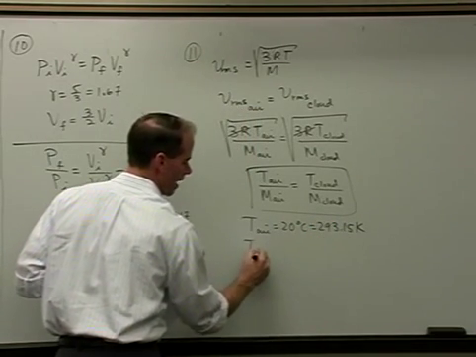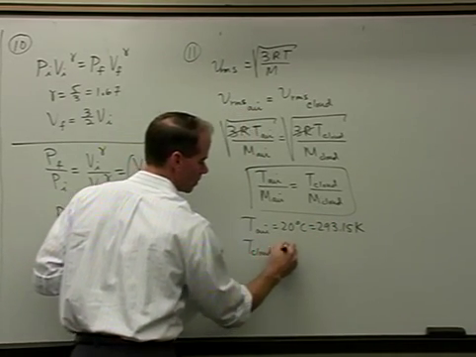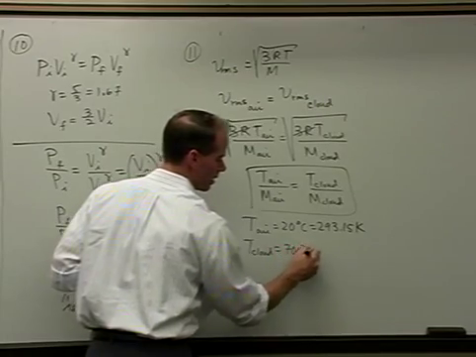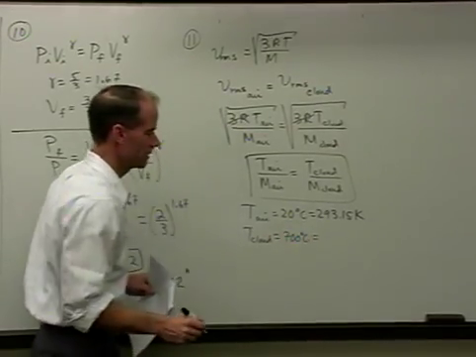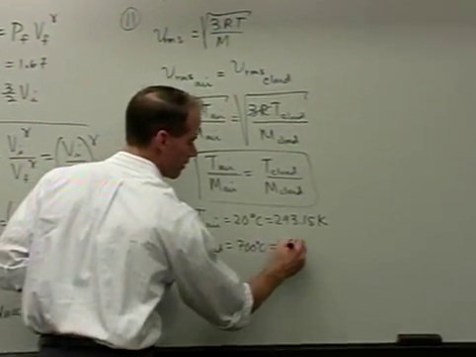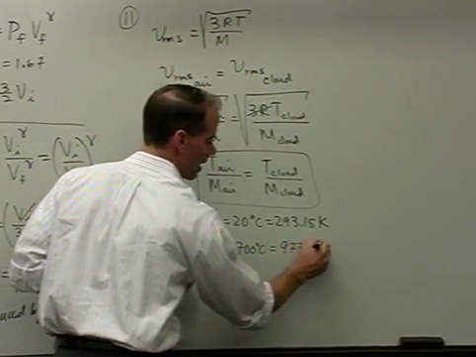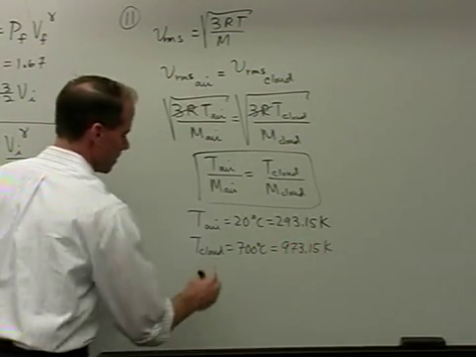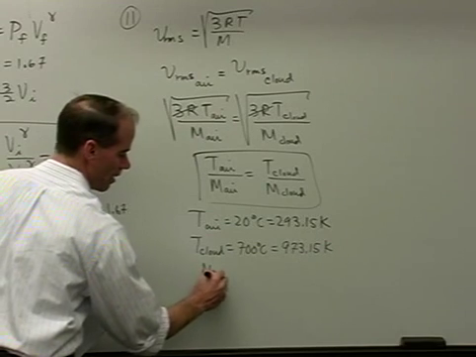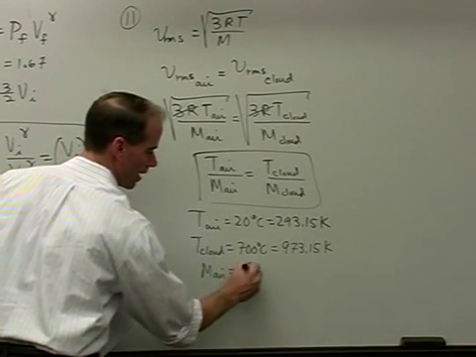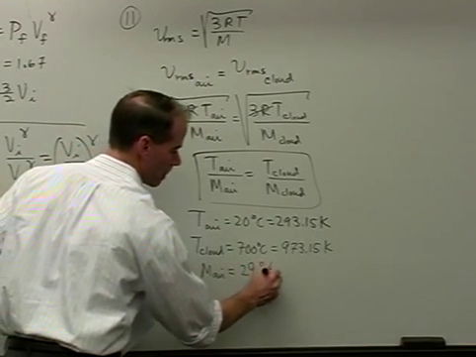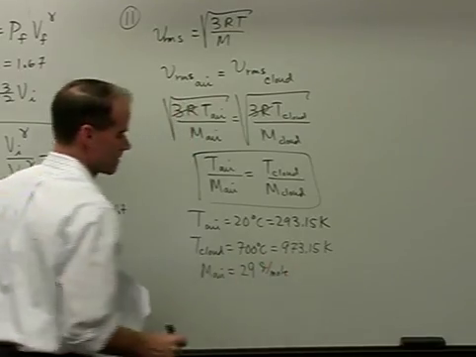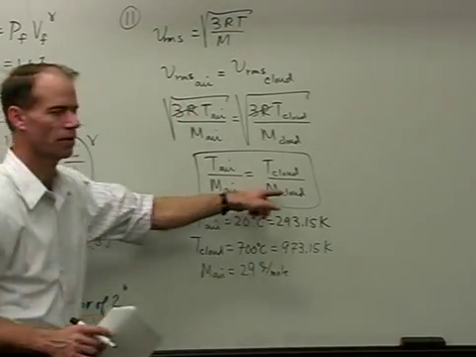The temperature of the cloud was 700 degrees centigrade, plus 273 will give us 973.15 degrees Kelvin. We're told that the molecular weight of air is 29 grams per mole. And so we want to find the molecular weight of the cloud.